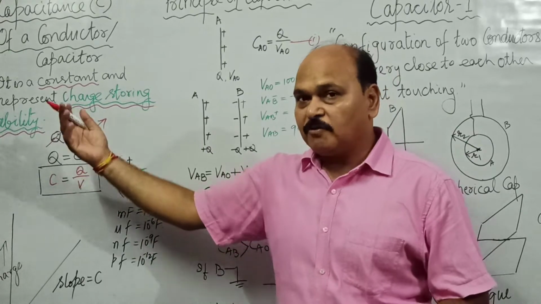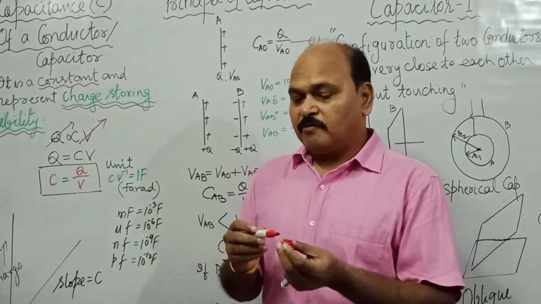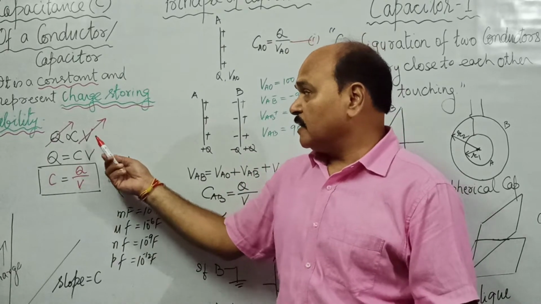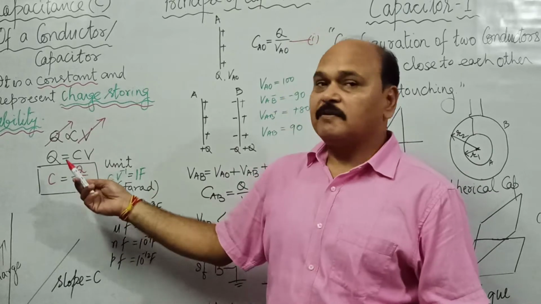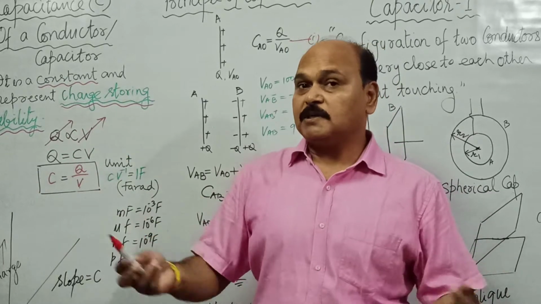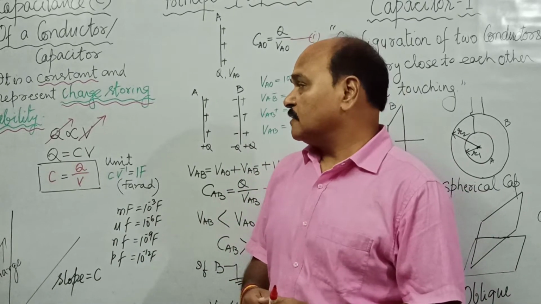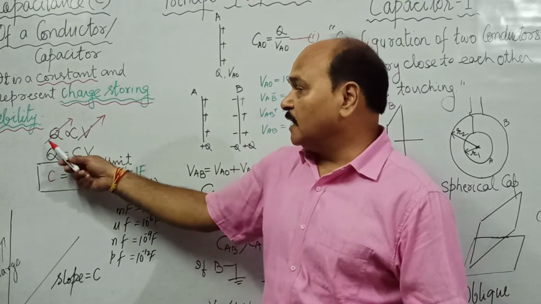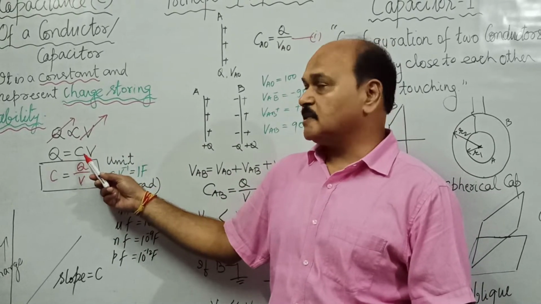If we double the charge, potential is doubled. If we quadruple the charge, potential is quadrupled. If we halve the charge, potential is halved. And if we decrease the charge to 1/3, the potential also decreases to 1/3. This simply means they are related to each other through a constant, and that constant is C, the capacitance.